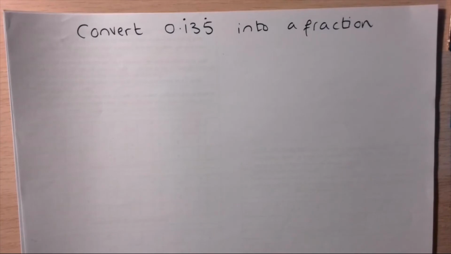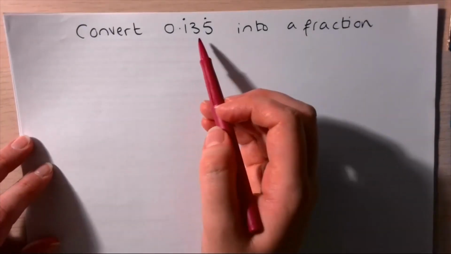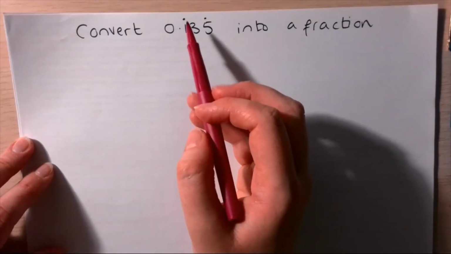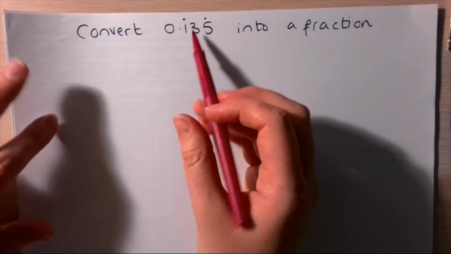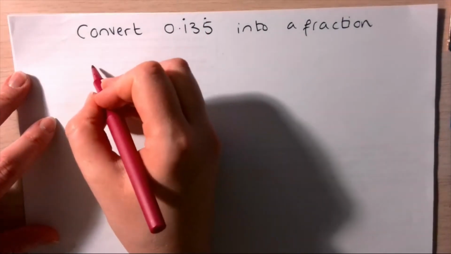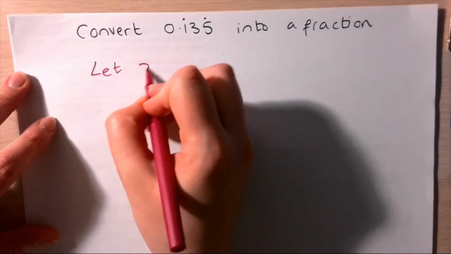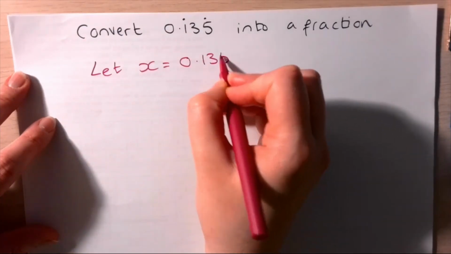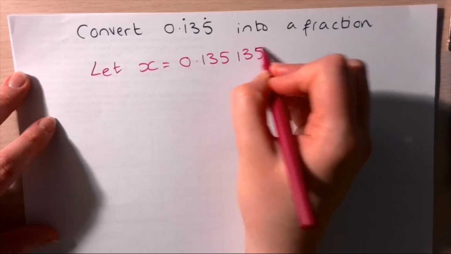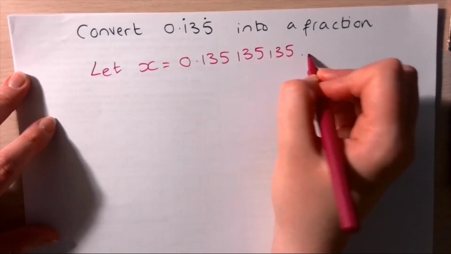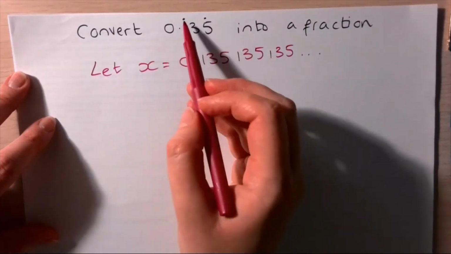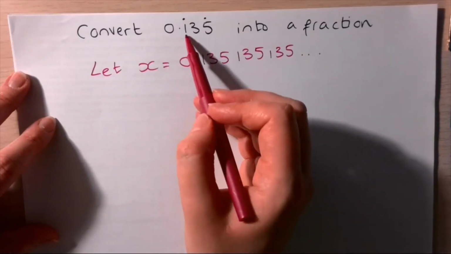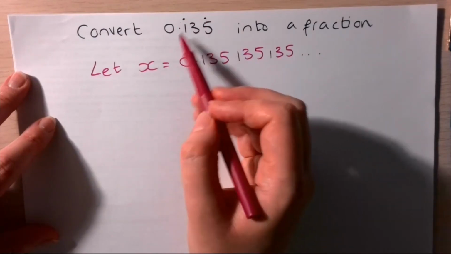Okay, so on this one we've actually got 0.135 with the recurring signs above the 1 and the 5. So that tells us that when we define this, we're going to have that x equals 0.135135135, etc. Because, as I said before, this indicates the start and the end of the pattern of the sequence.